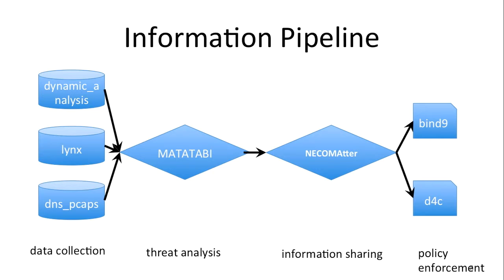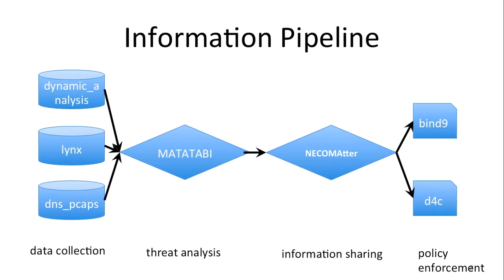One of these analysis modules is the dynamic analysis system explained earlier, and the other is a Lynx DNS traffic analysis module which detects malicious domain names from live DNS traffic using machine learning technology. The result of each module is stored into Matatabi, which is a distributed computing platform based on Apache Hadoop software.